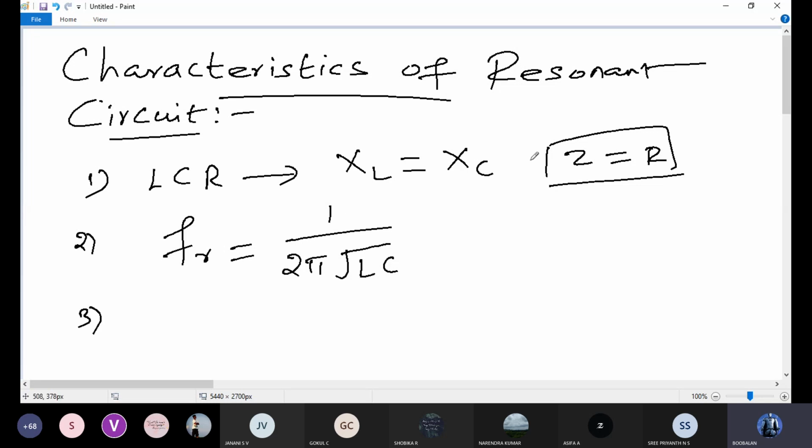Third one, the impedance, Z, is minimum. Please note down that impedance Z is minimum, so the circuit is called a purely resistive circuit.